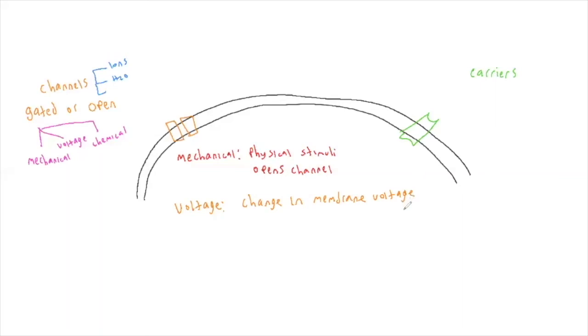So voltage gated channels open in response to a change of, well, voltage. Examples of that are more or less anything in your brain. Most neurons in the central nervous system, and almost every neuron, is going to respond to changes in voltage. We'll be talking about that in chapter 8 maybe, but in a couple chapters.